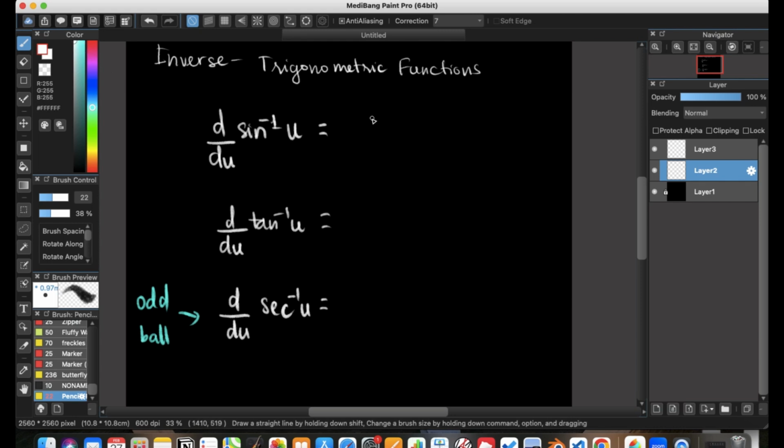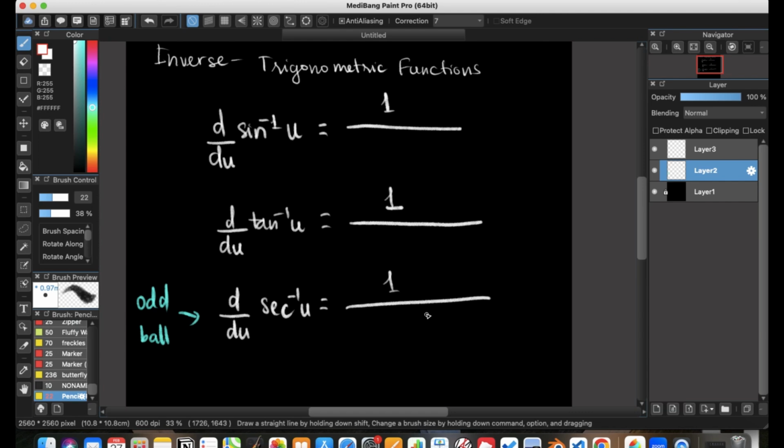But first, let's write the numerator first, and so for all of these functions, the derivatives will be a fraction, and therefore the numerator is 1. Okay, next we're going to see here that sine u and secant u both have 2s, so we know that there is a square root involved.